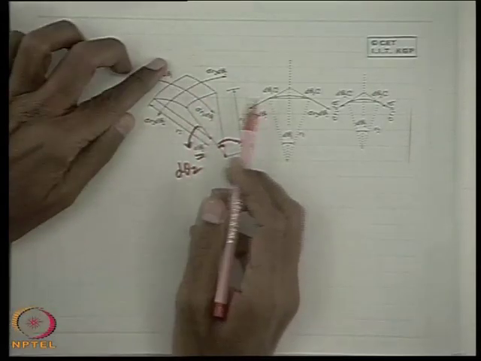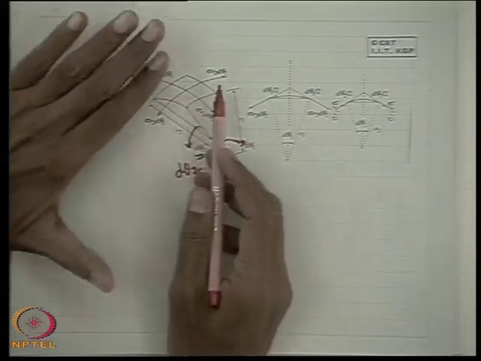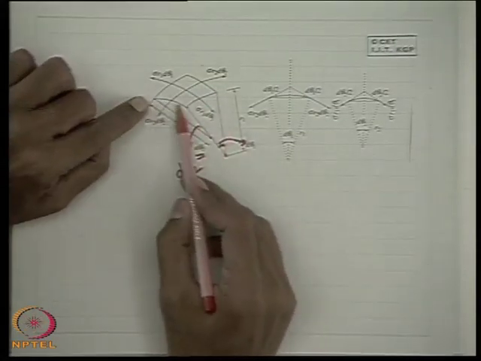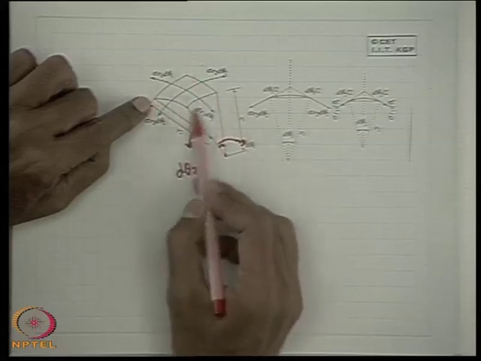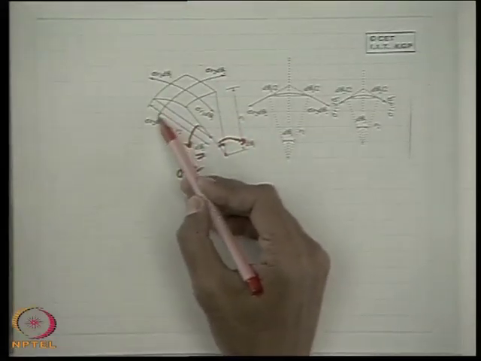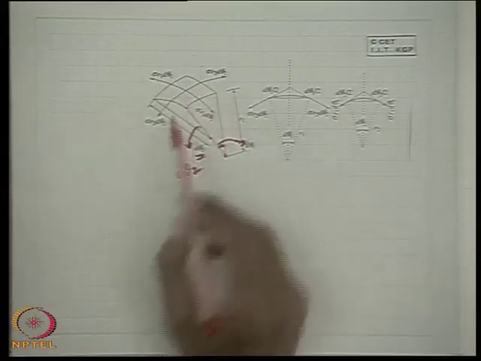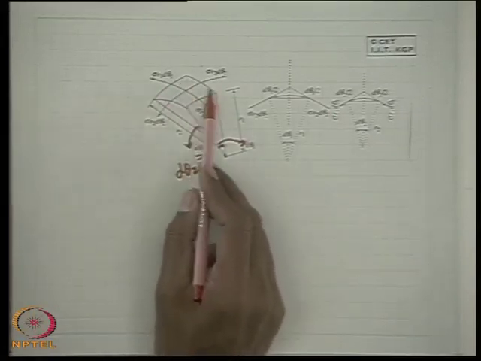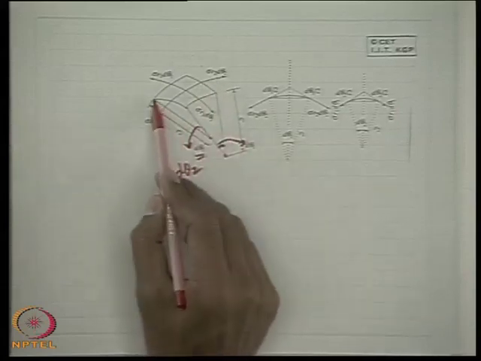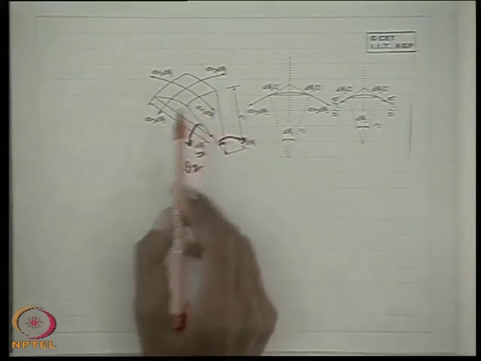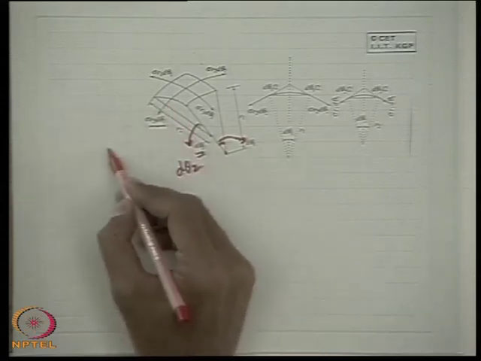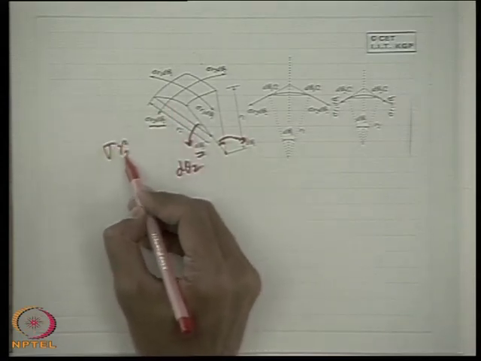On the convex side is gas, and on the concave side is the bulk of the liquid. We only consider a small elemental curved portion of the surface. Now the surface tension force acts on these four sides. On the two sides with radius of curvature R2, the surface tension force acts perpendicular to the linear element, whose length is R2 d theta 2. Therefore this force is sigma R2 d theta 2.